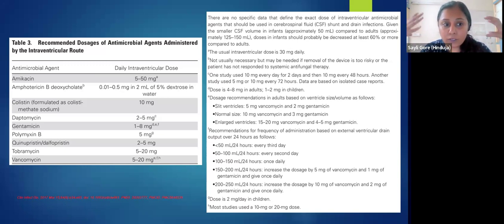If there is a lot of CSF in the brain, it will create high intracranial pressure, which will lead to further complications. Therefore, EVD drains are fitted to drain out the CSF mechanically, so that it drains out the extra CSF being produced in conditions like meningitis.